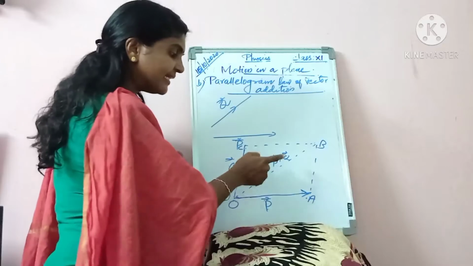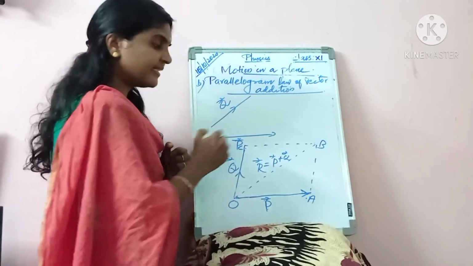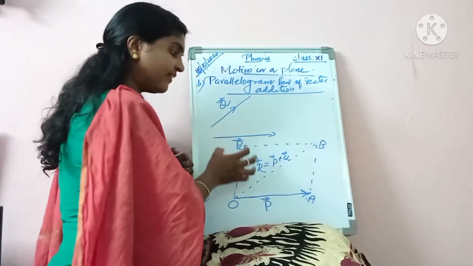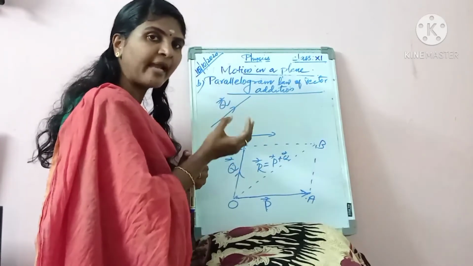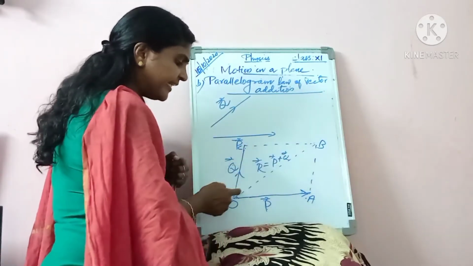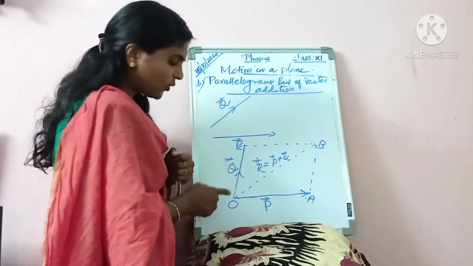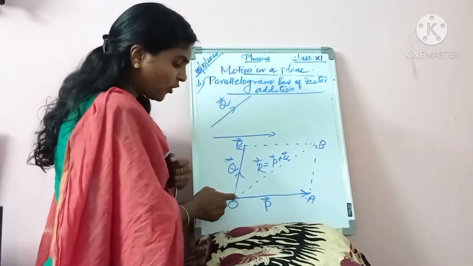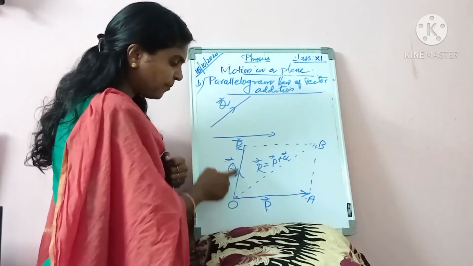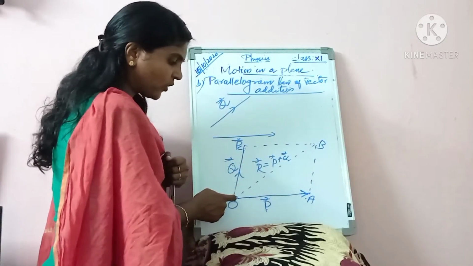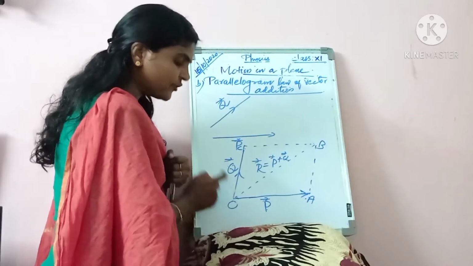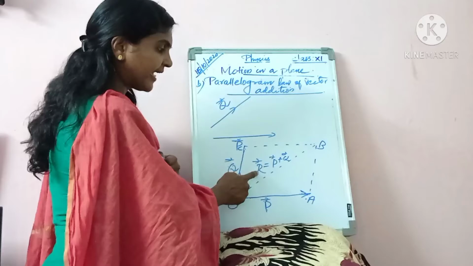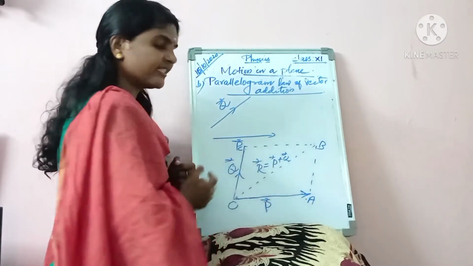Then the resultant vector is represented both in magnitude and direction by the diagonal of the parallelogram, which is also from the same common point. That is, vector P, vector Q, and the resultant vector are all from the same common point O. So the resultant vector R can be represented as vector P plus vector Q.